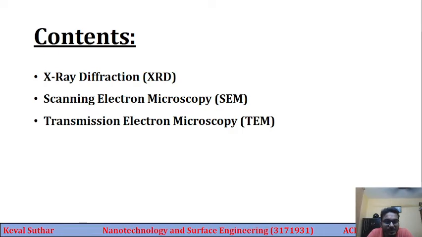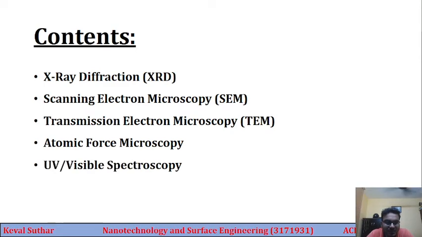Third will be transmission electron microscopy. Fourth is atomic force microscopy, and the last one is UV or ultraviolet, or we can say visible spectroscopy. One by one we are going to discuss all these methods in our lectures. So we will obviously begin with X-ray diffraction.